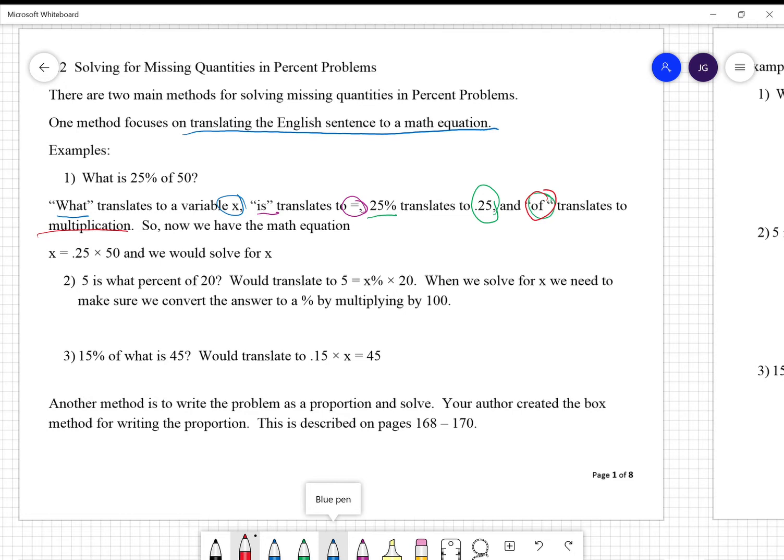Okay, so another example, 5 is what percent of 20? 5 equals x percent times 20. So if we have that, 5 equals 20 times x. Remember that x is a percent.